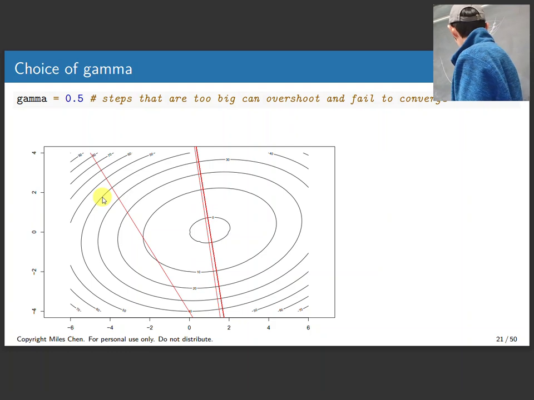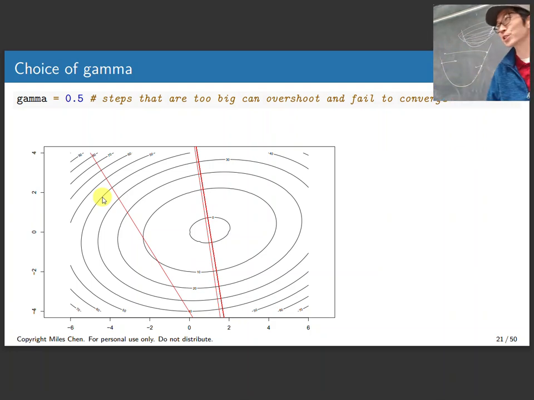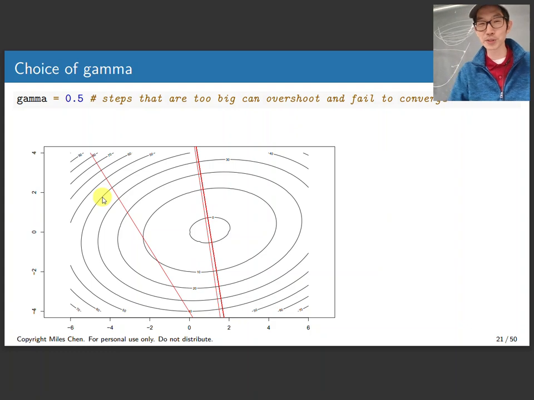So ideally, you go down the hill like this. Step, step, step, step. But here you say go in the opposite direction, which is this way, and you end up on a steeper side, on the opposite side. It's even steeper, and so now the magnitude is even more, and now you end up over here, and then you end up shooting back and forth, and so it ends up diverging. Okay, so that could happen too.